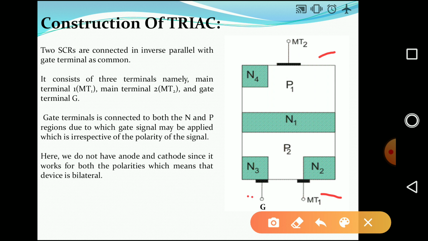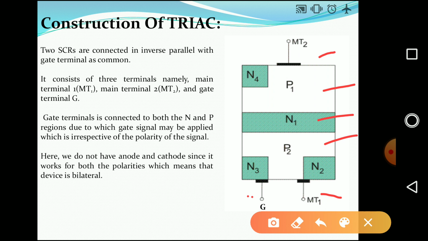This gate is a common terminal between both the SCRs. As the SCR has a gate terminal, the two SCRs' common gate terminal is taken as a single gate terminal. Here the triac resembles a 3-terminal connection with the 4 layers P1, N1, P2, and all the N layers are combined together to form the 4th layer.